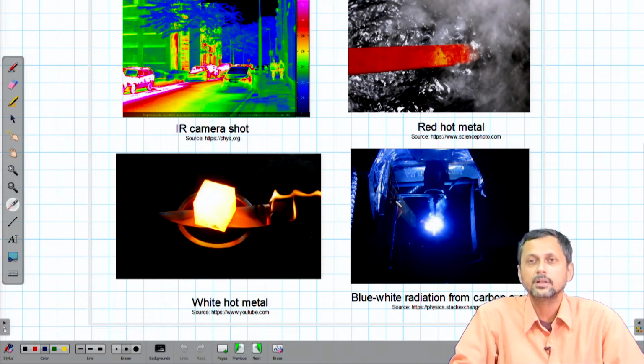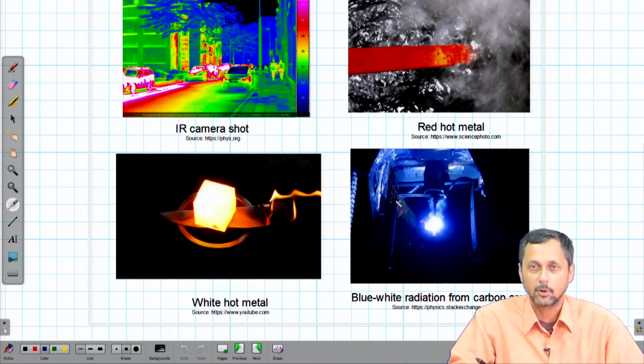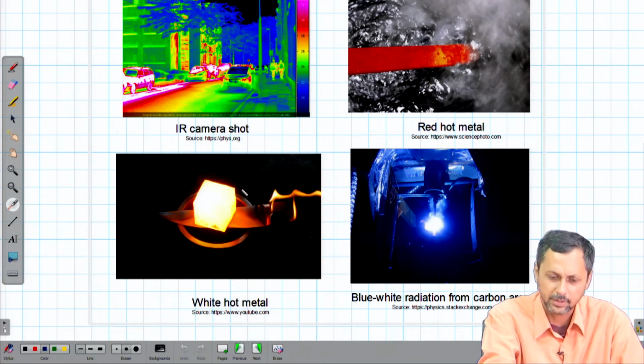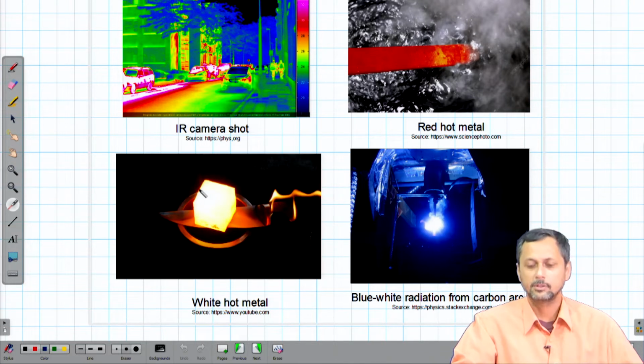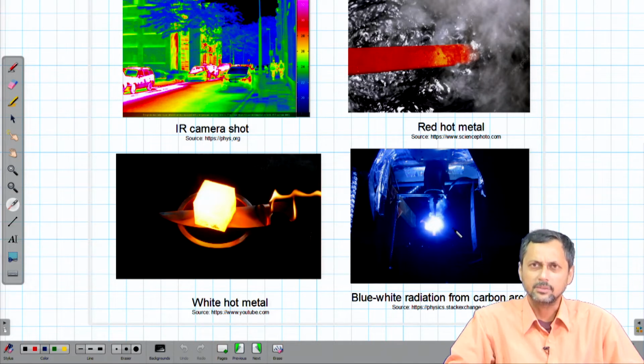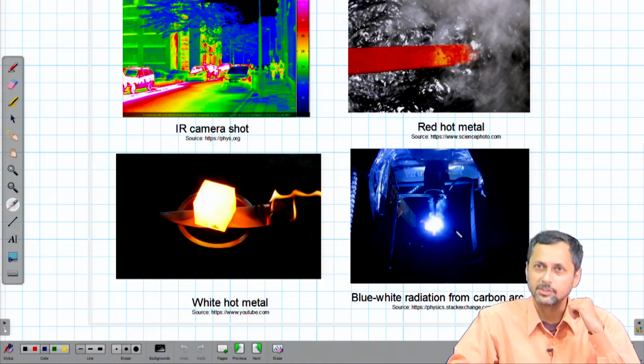Now, that tells you that thermal radiation can have a very wide range of spectrum. We can have IR, we can have red, we can have whitish yellow, which is somewhere in the middle of the visible spectrum. We can also have blue or violet, which is towards the high frequency end of the visible spectrum.